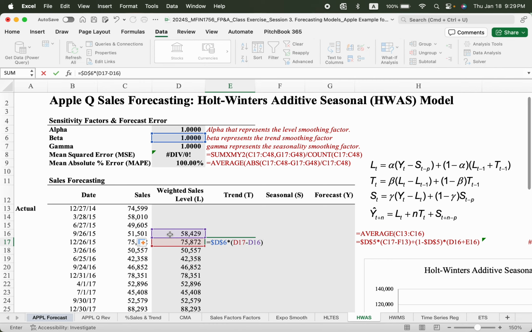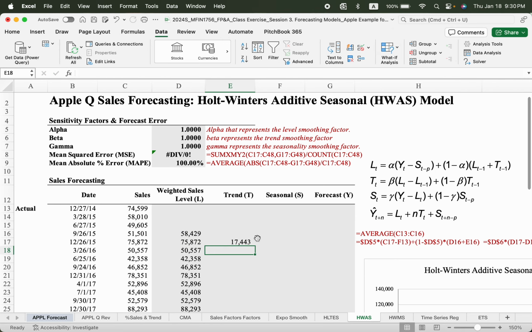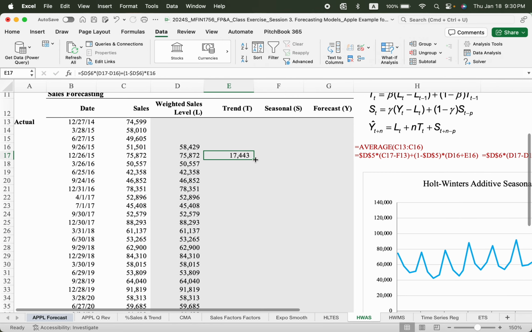And then let's close the parenthesis. Plus 1 minus, again, beta, which was not explained in the prior period, which is now the trend here, multiplied by the prior quarter. Understand, right? So let's check again before dragging down. Oh, yeah, we need to fix this, right? Then enter. Then let's drag it down.